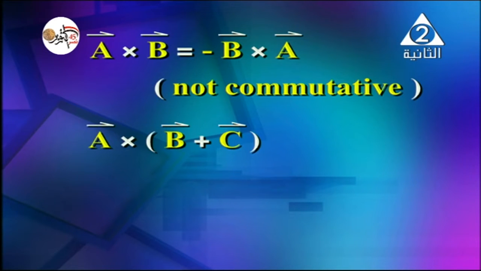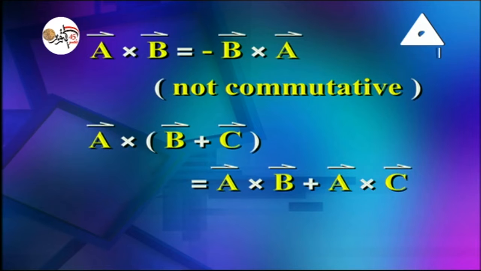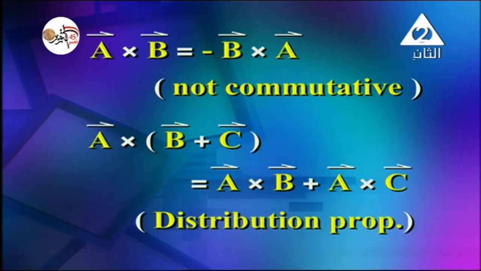A vector cross the bracket containing B vector plus C vector equals A vector cross B vector plus A vector cross C vector, so the vector product distributes over the addition of two vectors. This is called the distribution property.